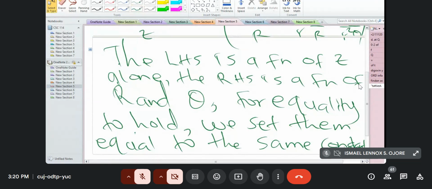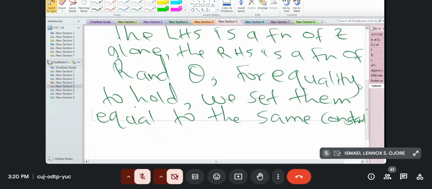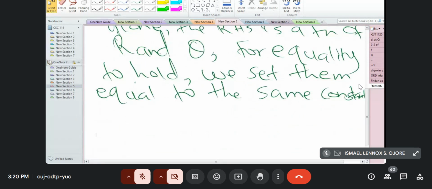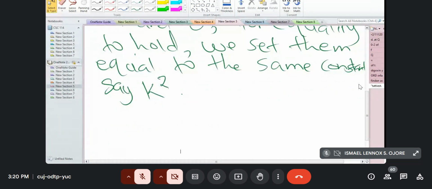For this particular case, the general solution of Laplace equation in cylindrical coordinates, we will investigate the case where the constant is positive. So we set this equal to a positive constant, say k squared. That means we'll have Z double prime divided by Z equals k squared.